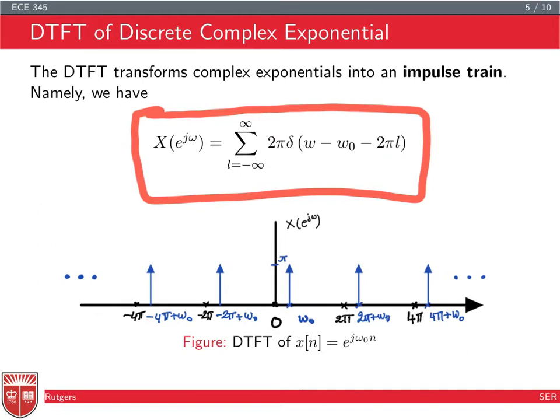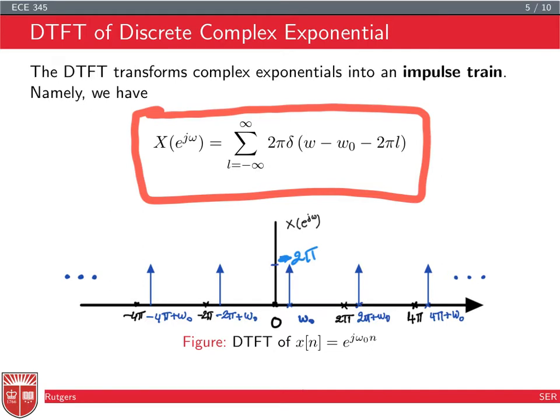Now I can see here already a typo, so here it's 2π. Let me fix that. So here it's 2π, it's not π.